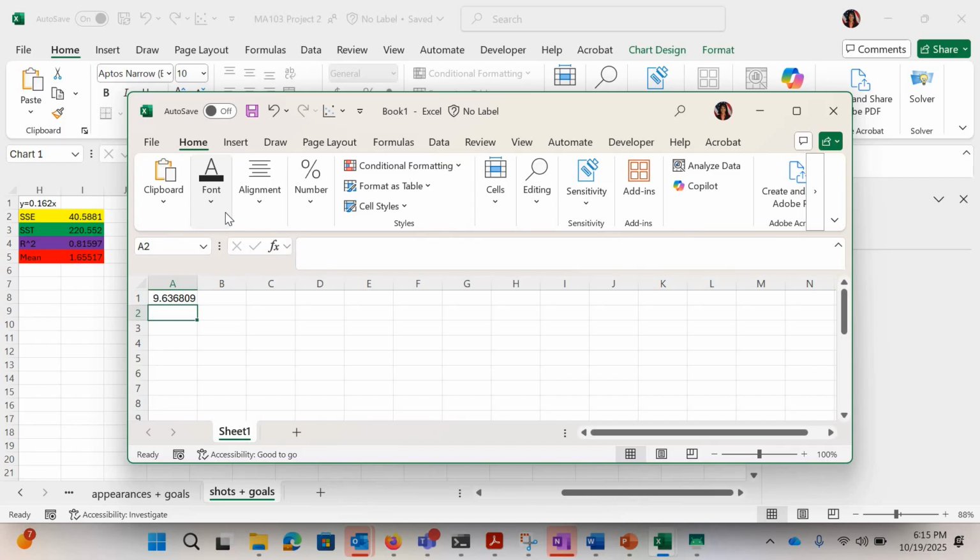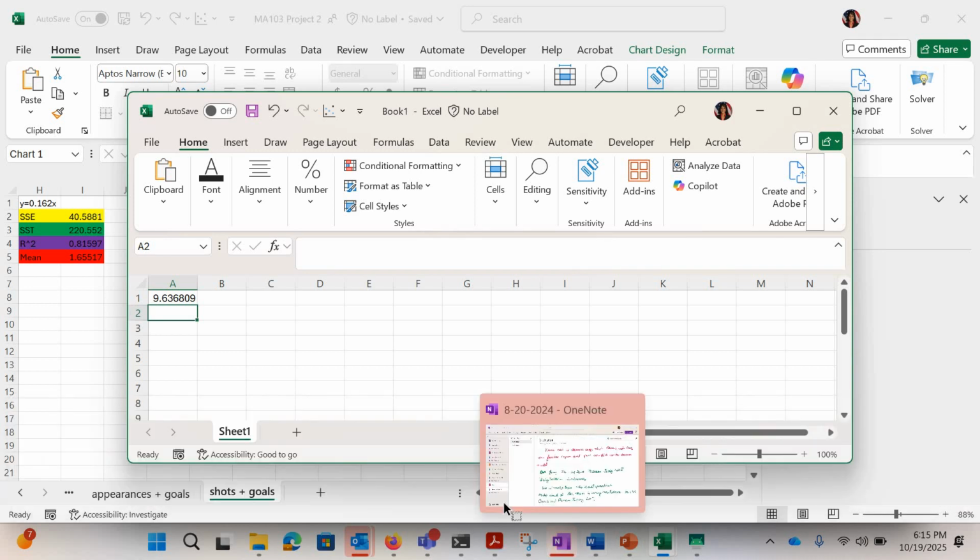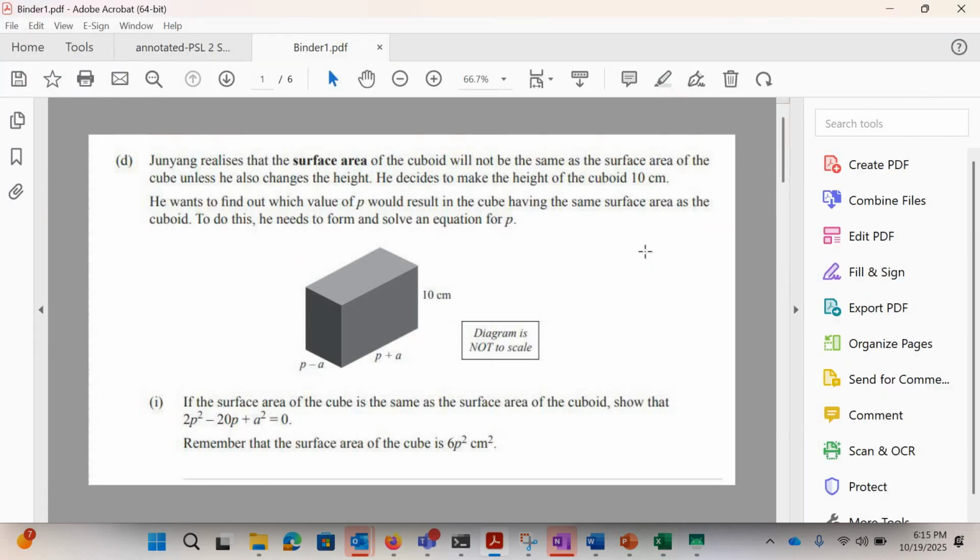And if p is 9.6, going back to the picture that we had of the cuboid, my dimensions on my cube are 9.6 by 9.6 by 9.6.